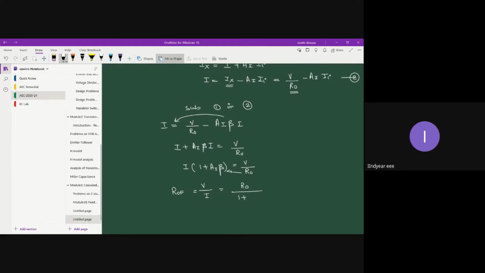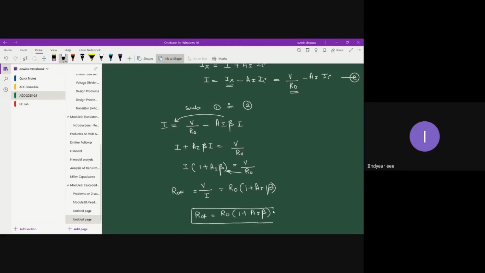Because it gets cross multiplied. I'm so sorry, this gets cross multiplied. So cross multiply: R0 times 1 plus AI into beta. So that's the output resistance with feedback. Therefore R0F is equal to R0 into 1 plus AI times beta.